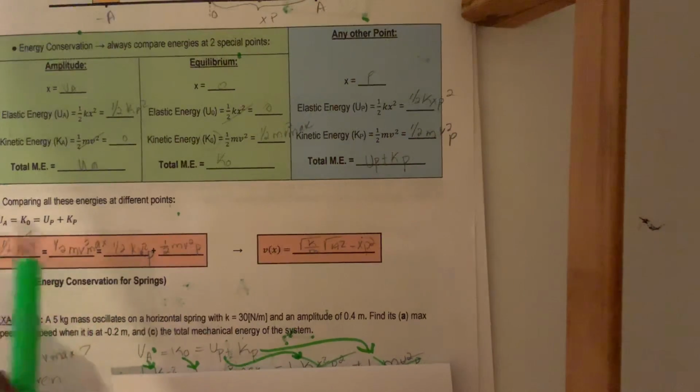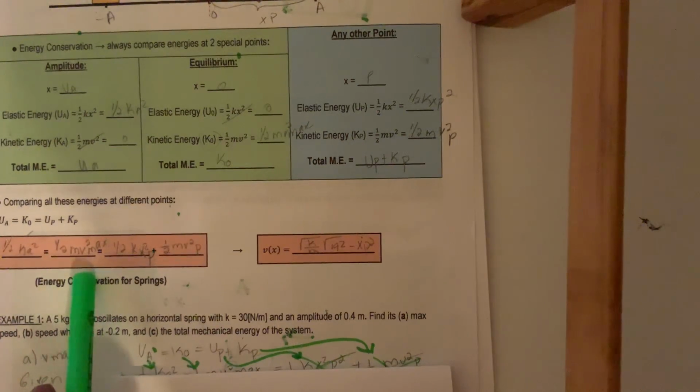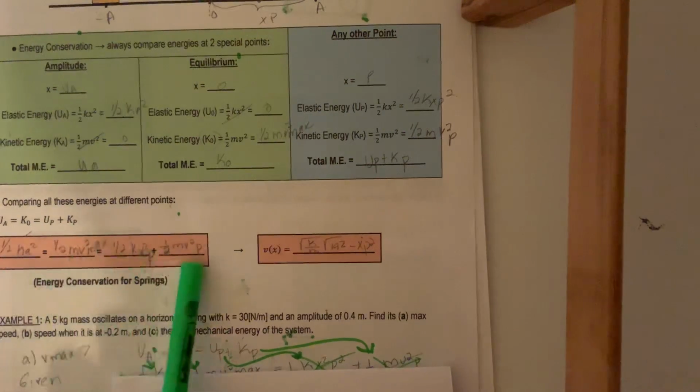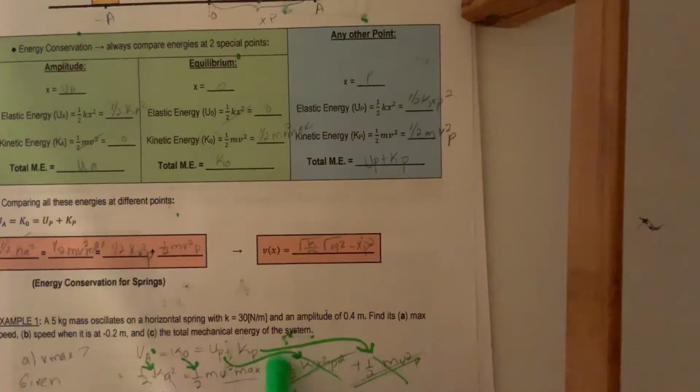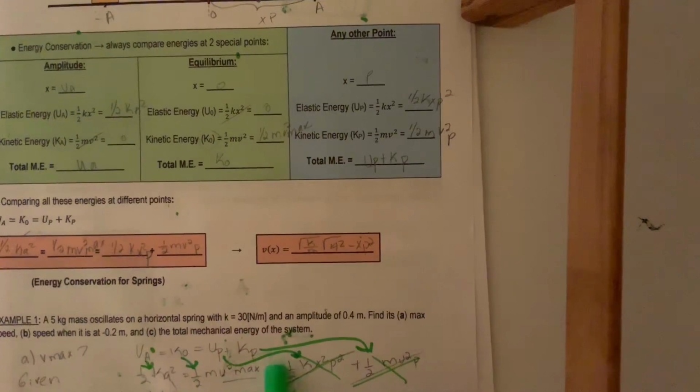We substitute its value for UA, this value for k, this value for UP, and for KP, this value. We see that we don't have any value for this one, so we cross it out. They are gone. So for k we have 30, for A we have its value and the mass, and we're looking for v max.